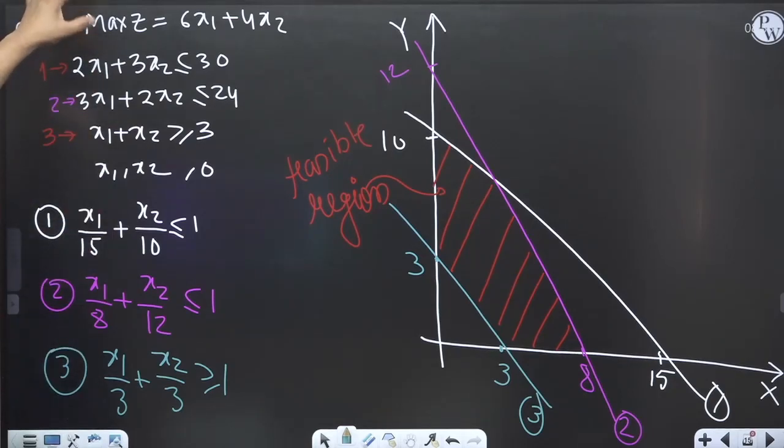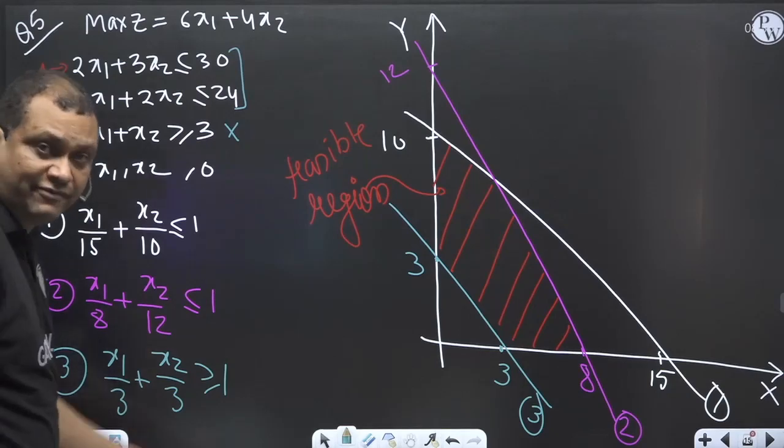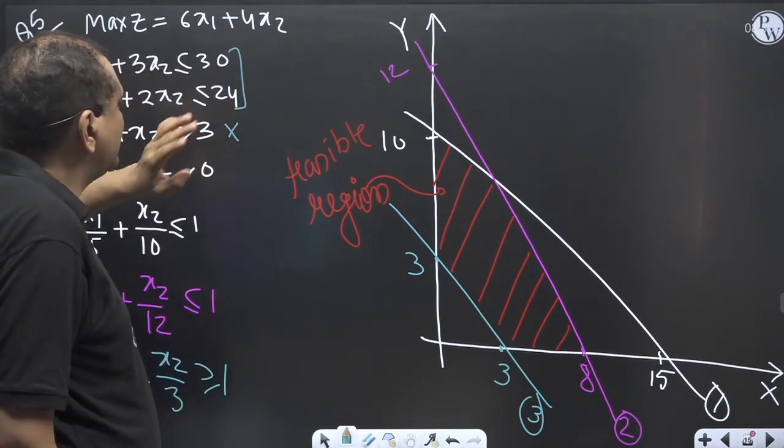Because the objective function is a maxima function, I will see the slope of only these two. I will not consider this one. I have discussed that before. I will not discuss this thing.